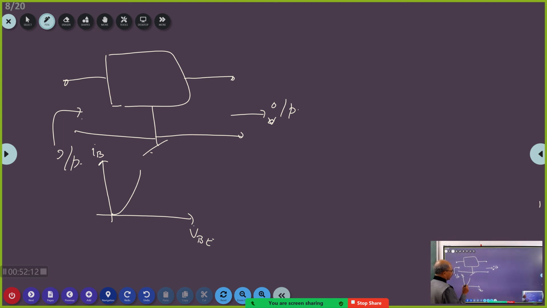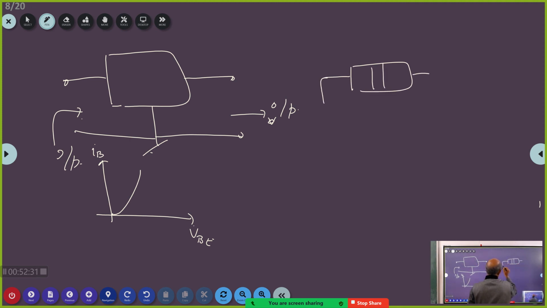But when you are doing these input characteristics, one more thing I have forgotten to tell. When we did this amplifier, we had connected one source here to forward bias the junction, and we had connected one more source here to reverse bias the junction.